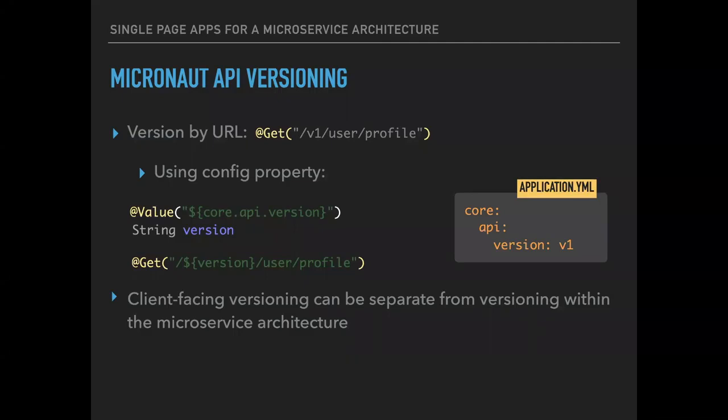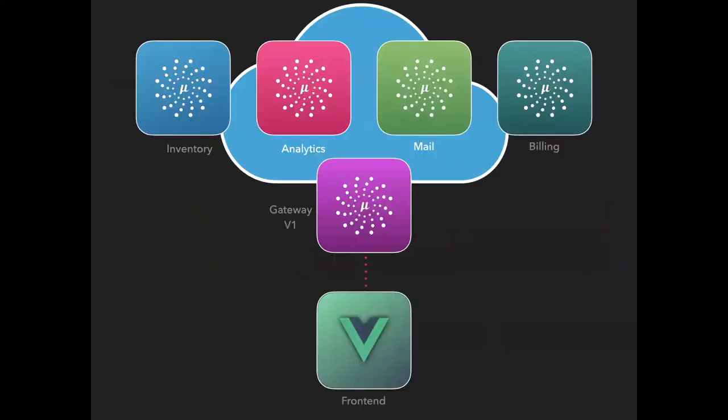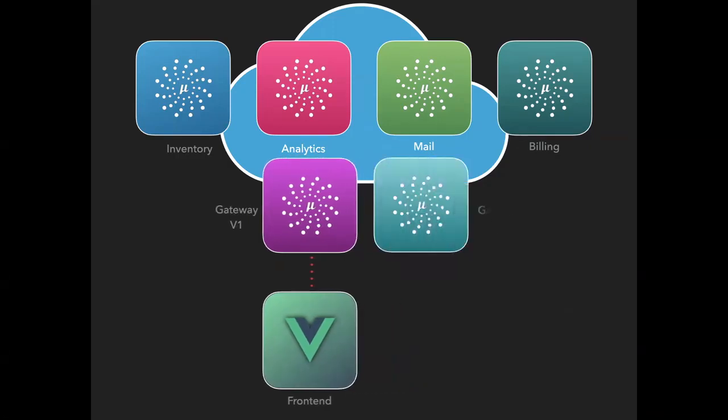And this would be more clear as well in a code sample, so I won't go further on that. Just know that API versioning is supported and is a great use for a gateway because on the slide here we have a gateway v1, and then let's say the dev team does some more work and they want to change the API a bit.